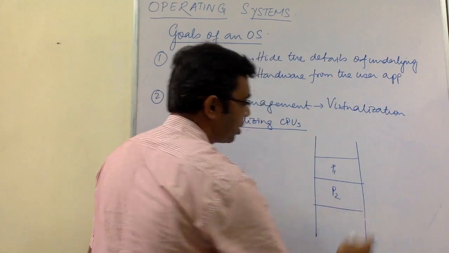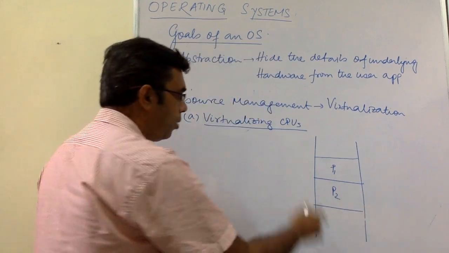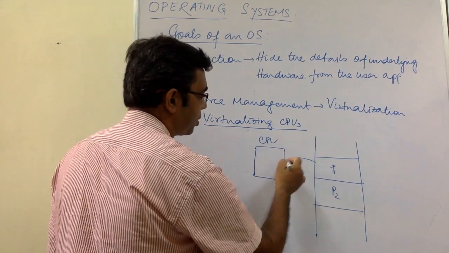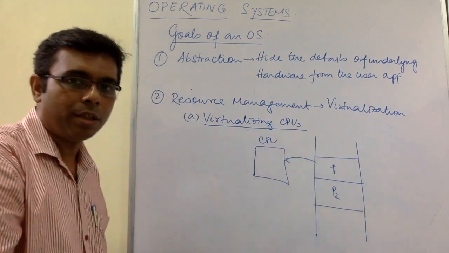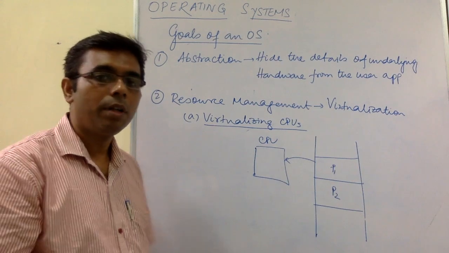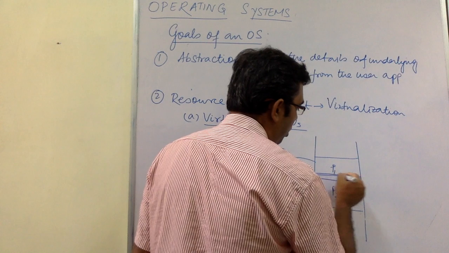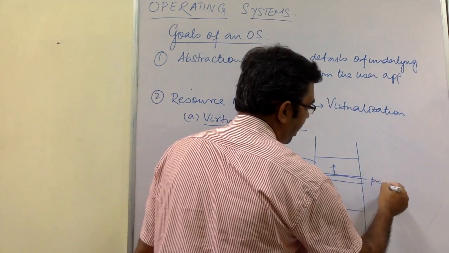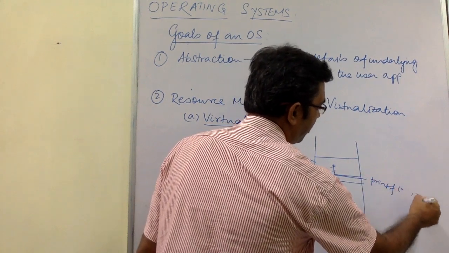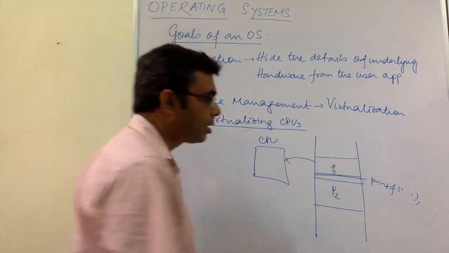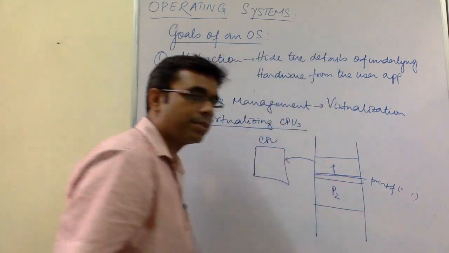P1 is currently being executed on the processor, so the CPU is executing the instructions of P1. Now during execution, suddenly there is an instruction, something of this printf type, which is nothing but an IO access instruction. You would like some resource to be accessed.